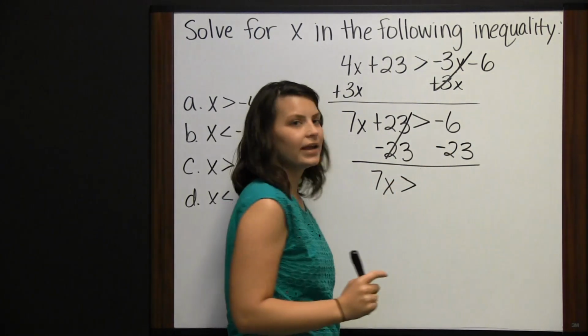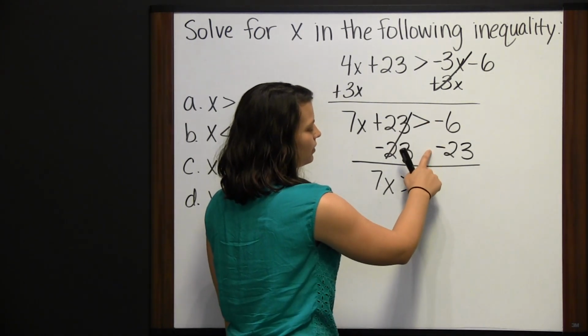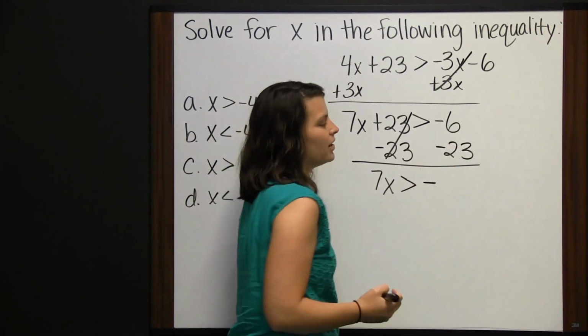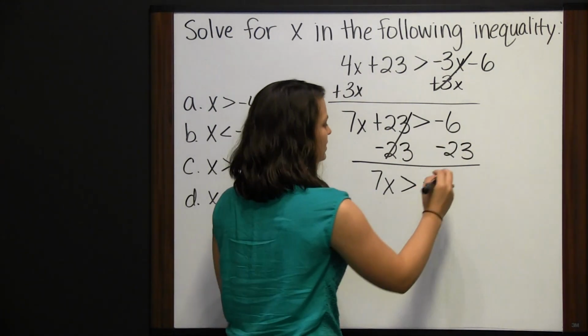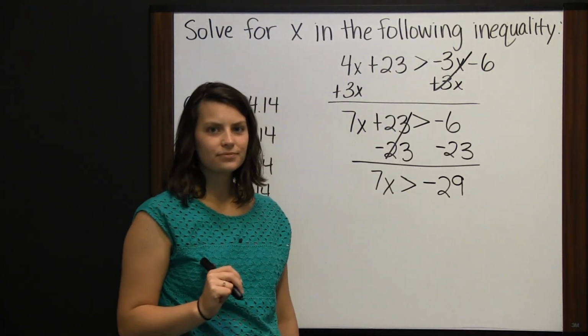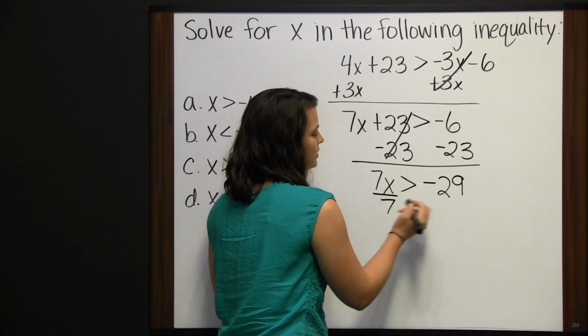Negative 6 and negative 23 have the same signs, they're both negative, which means our answer is negative, and we just add the numbers together. 23 plus 6 is 29, so it's negative 29. Finally, we have to divide both sides by 7.